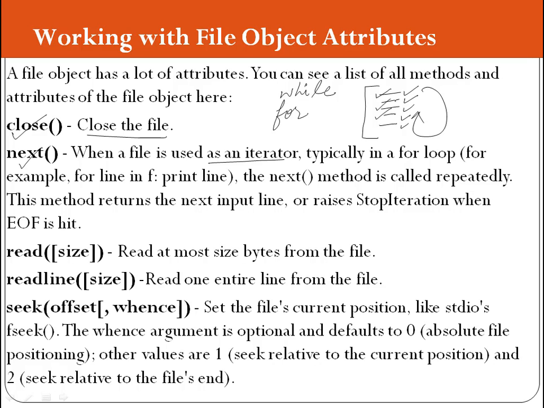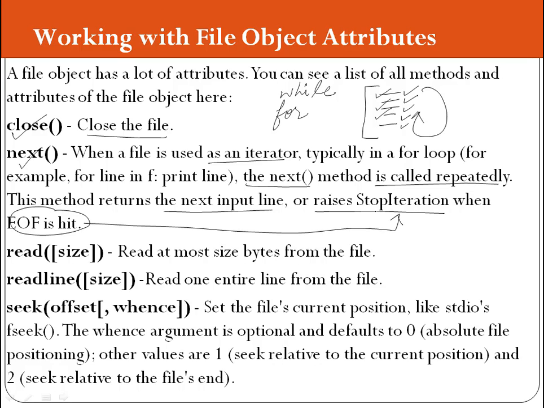So next can be used. The next method is called repeatedly in an iterator. This method returns the next input line or raises a StopIteration when the end of the file is hit. So when there is no line to read, it will raise an exception, that is StopIteration. So the next iteration should not be there, because the file has already ended.